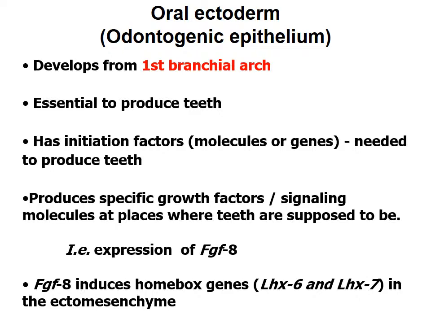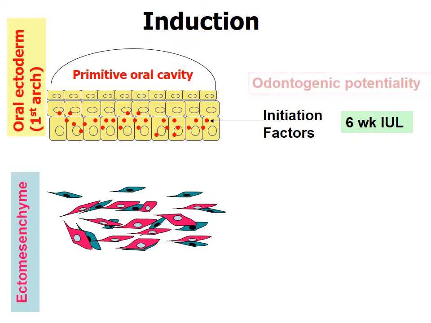For example, expression of fibroblast growth factor, FGF8, induces homeobox genes in the ectomesenchyme to continue the induction.